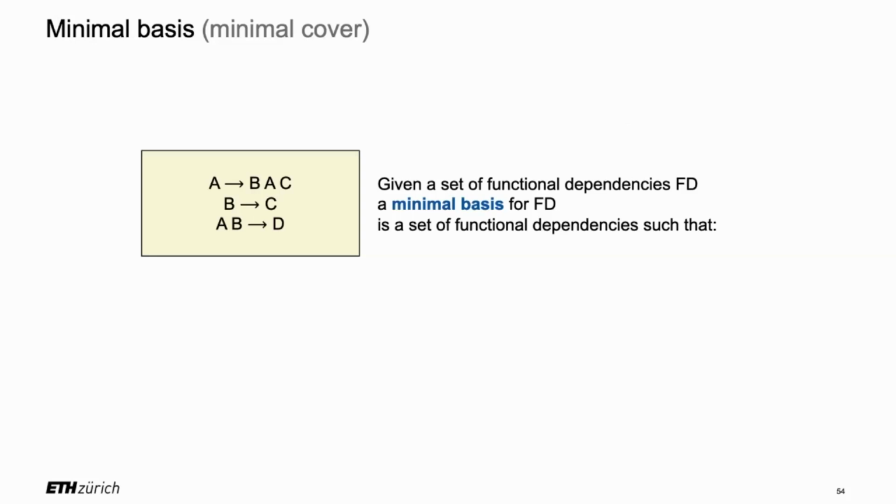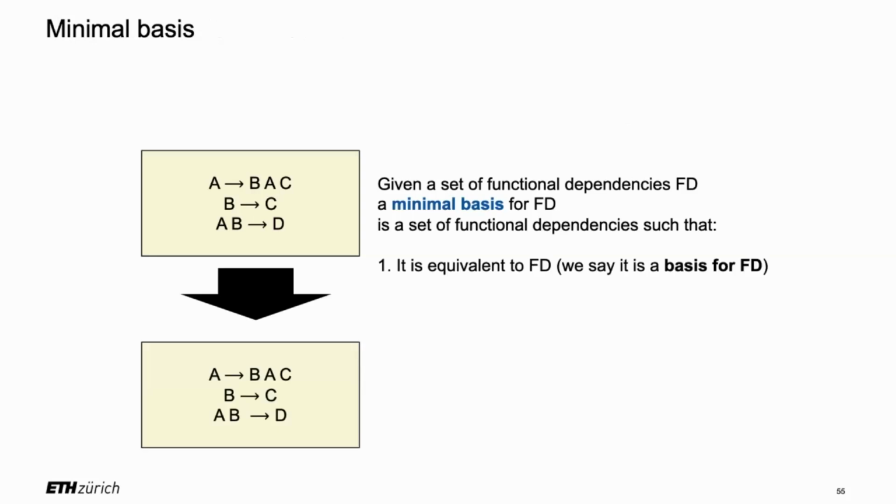And give it a Swiss finish. So the way we do it is we compute what is called a minimal basis for a set of functional dependencies. It really means we're tidying it up. So it's basically a set of functional dependencies that would be equivalent to the first one, because you don't want to change it, you just want to clean it up.